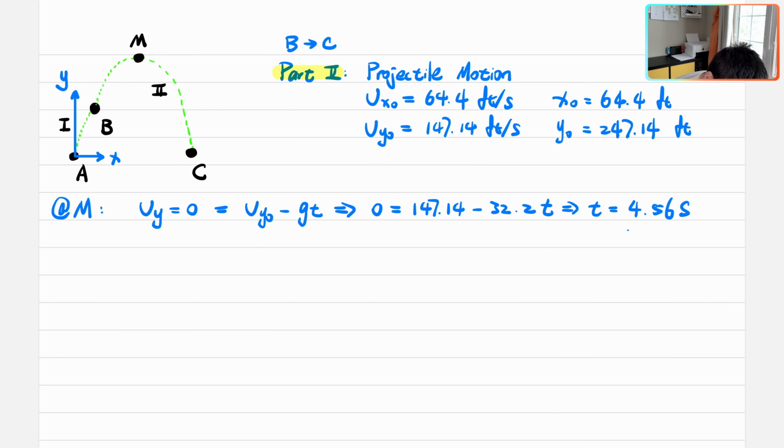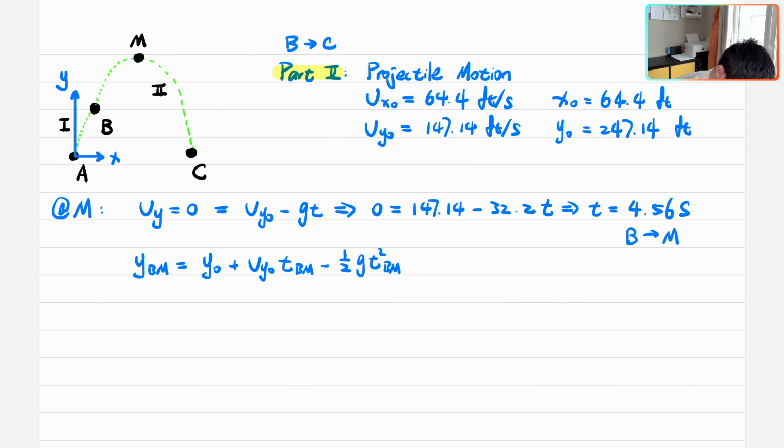Just to remind you, this is from B to M. And how high is it? Y BM, the displacement from B to M, will take Y naught, initial velocity, the t from B to M, minus 1/2 g t squared.